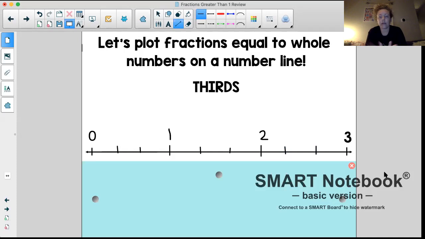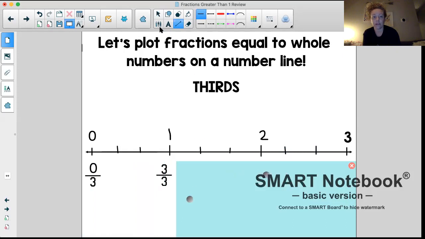How many thirds are equivalent to 0? Hopefully you said 0 thirds. And then you just continue on 1 third, 2 thirds, 3 thirds. I can write these in too if it's helpful to see all of them.